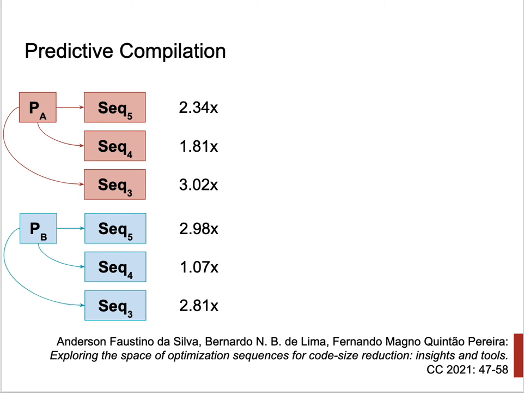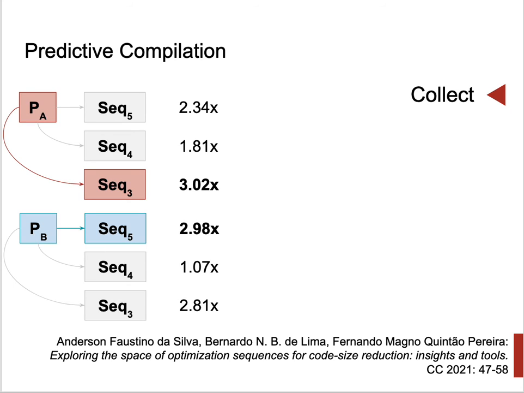The same sequences, if applied onto different programs, are allowed to give different results. In short, we want a technique that's flexible and predicts for each program the best sequence of optimizations for that specific program. In this way, we can conclude that program PA should be optimized by a sequence that's not the same as the best sequence for program PB.